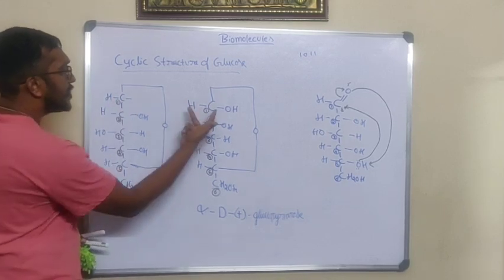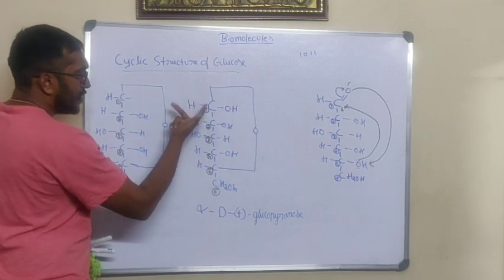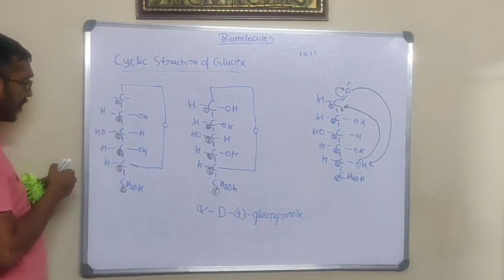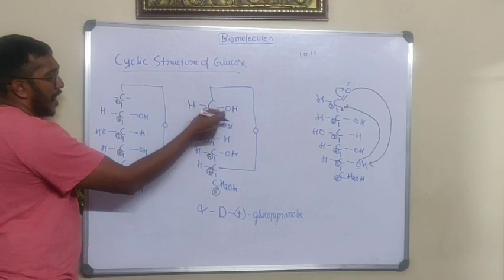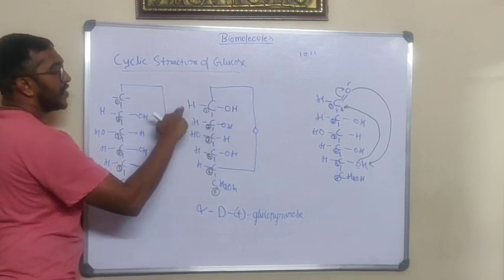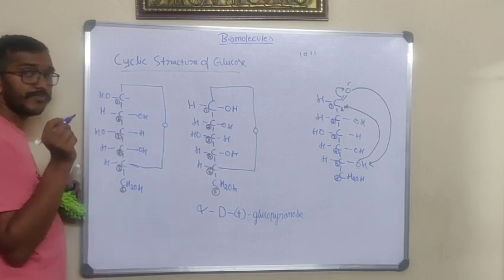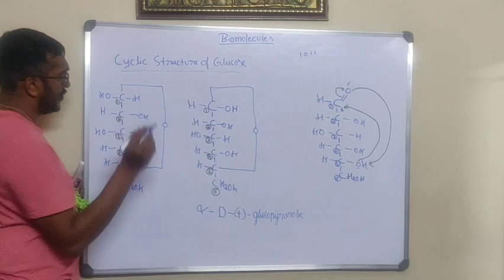If I just change the position, this OH will come here and this H will go there. Before it was hydrogen, now I am going to change it. So OH will come to the left-hand side and this hydrogen will shift there.